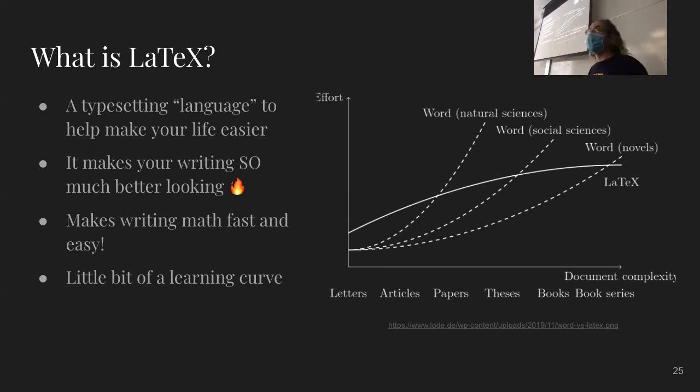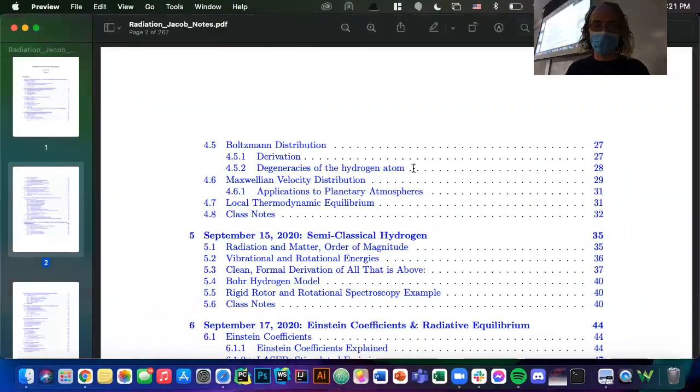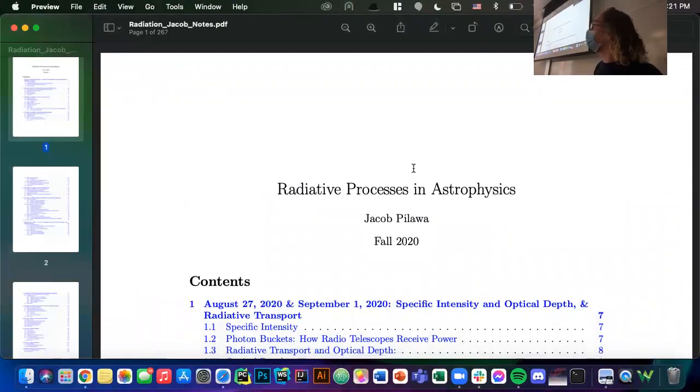And for the very few of you who might decide you want to write a textbook for some reason, that'll be good. In fact, I could show you an example of some grad student who LaTeXed notes in class instead of writing them, and he literally made a textbook. For example, this is a graduate student by the name of Jacob Pilawa. He's amazing. He teaches Astro C10. But this is his notes that he does in lecture when he types.